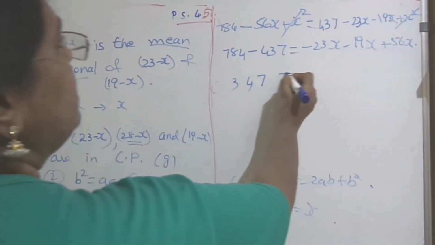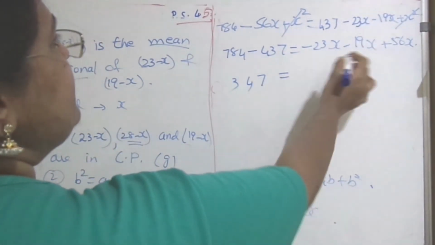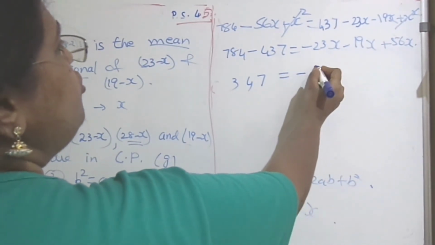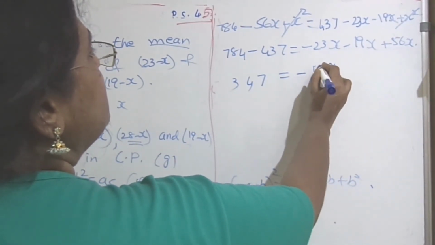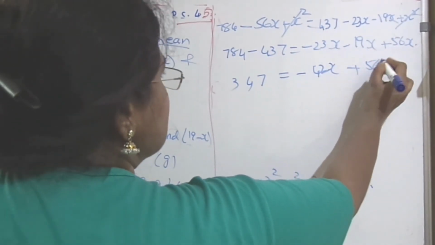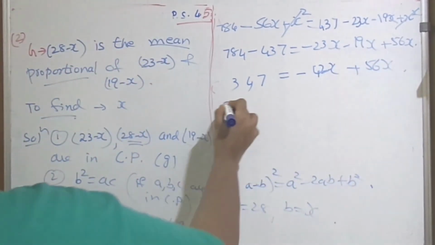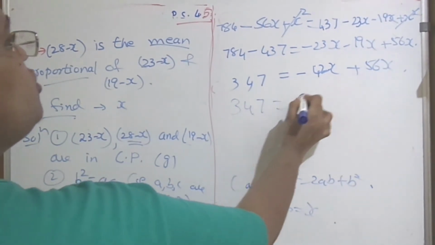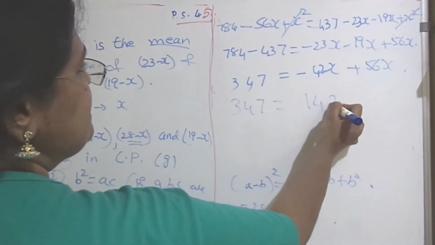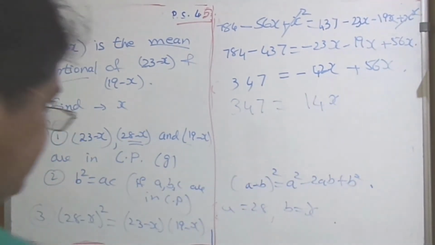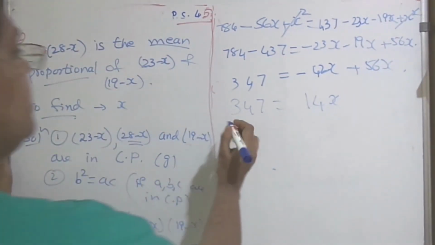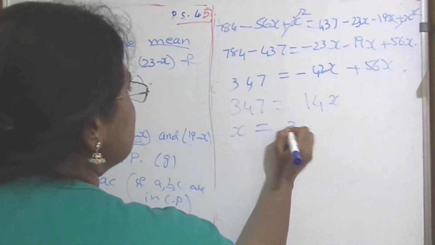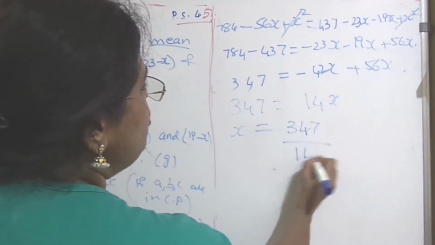Correct. Minus 23x minus 19x gives 42x, plus 56x. 347 is equal to 14x. So x will be equal to 347 divided by 14.